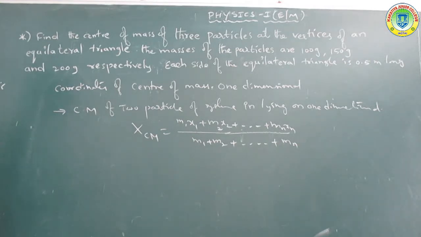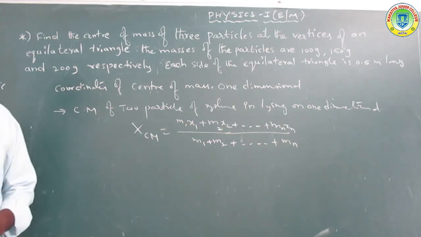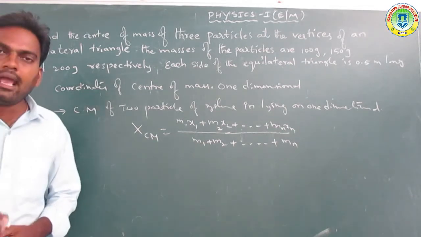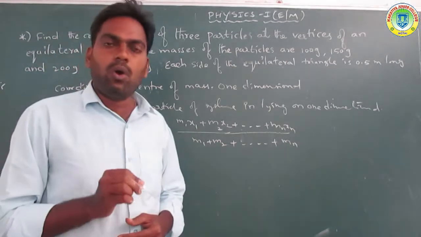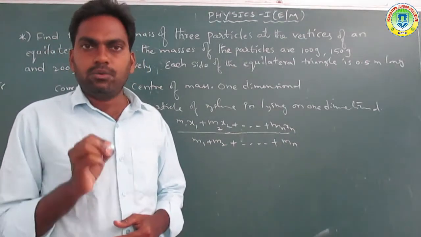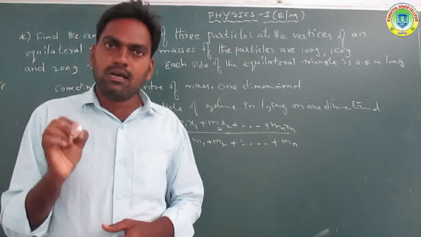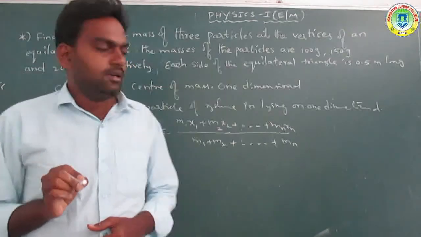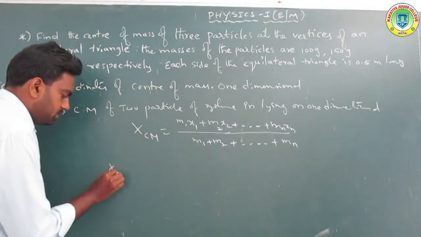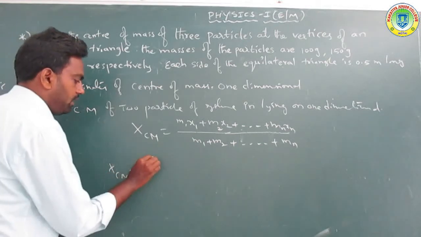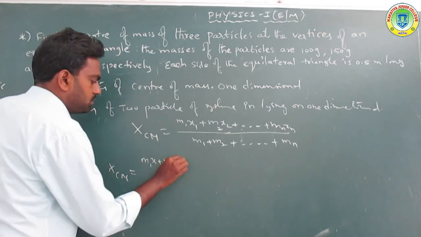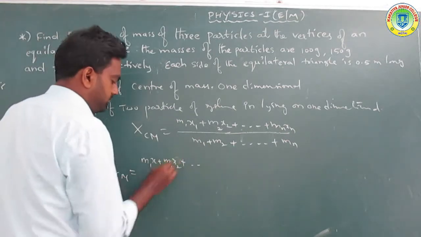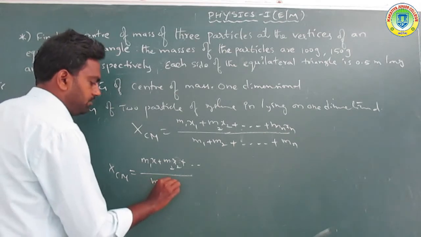Now the center of mass of two particles of a system lying in two dimensions, or the xy plane. We can write the formula: x cm is equal to m1 x1 plus m2 x2 by m1 plus m2.